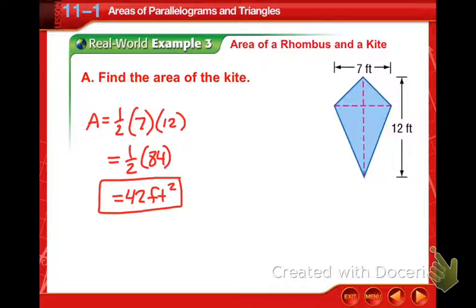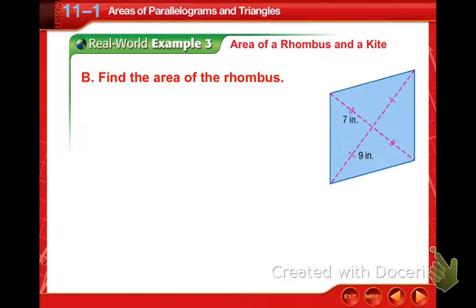Okay, now the next one is a rhombus. We're only given parts of our diagonals, but that's okay. Doesn't make this any more difficult, really, because you can see that it's marked that they are congruent, right? We know they bisect each other, so that's 9 plus 9 is 18, and 7 plus 7 is 14.